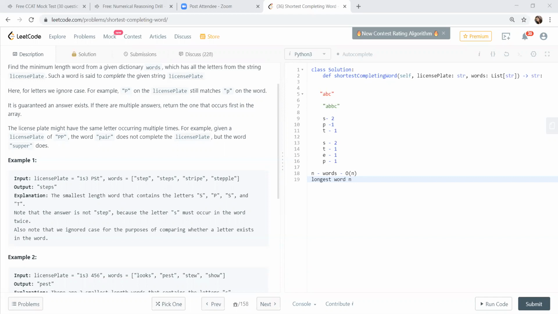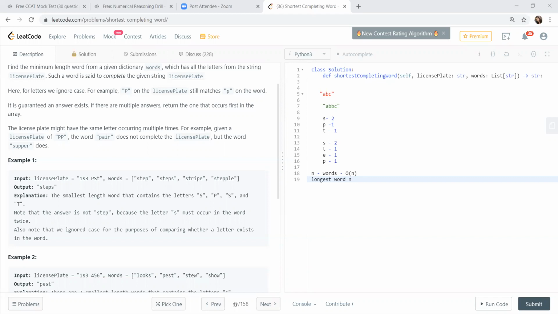I'm not sure if we can do better than order of n. When we traverse the array, for a word whose length is smaller than the license plate, we don't need to compare it, but we still have to traverse the whole array.